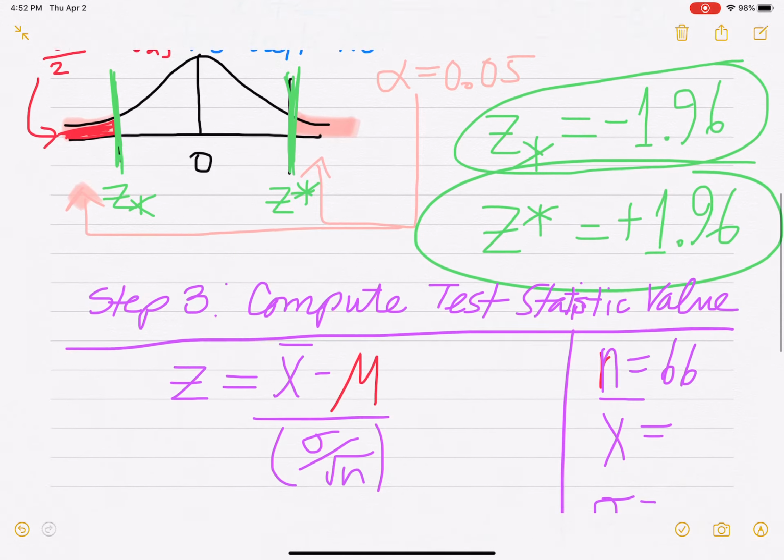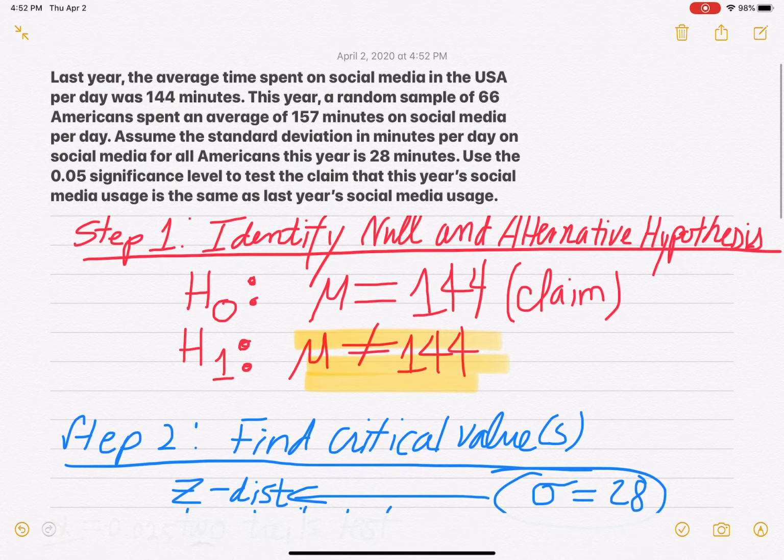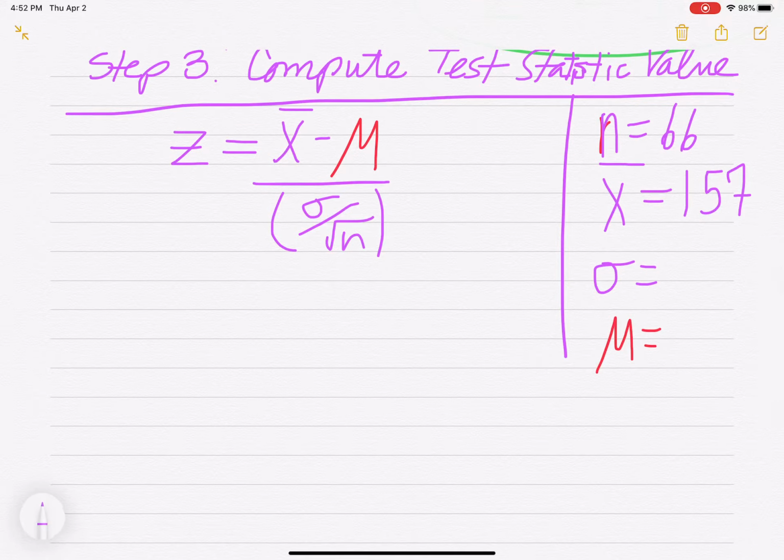So the sample average was 157. What's the population standard deviation assumed to be? Here we're told to assume that for all Americans, it's 28 minutes on social media. So sigma is 28.